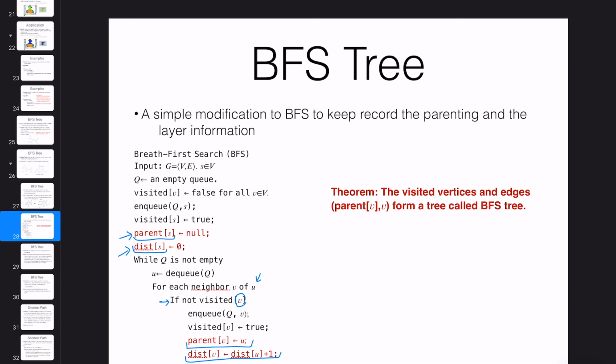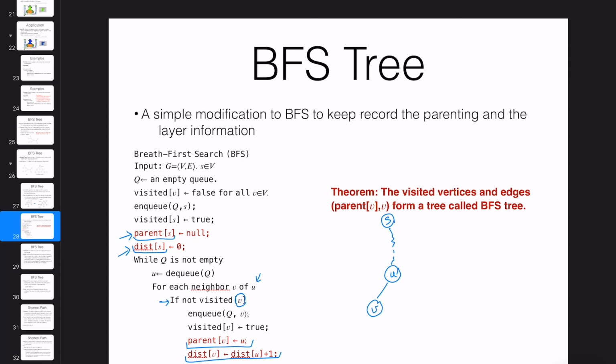you are visiting it through a parent, right? So this is going to be the node u, and through node u, there is going to be some distance from the node S, some way you have visited u, but you haven't visited the node v before.